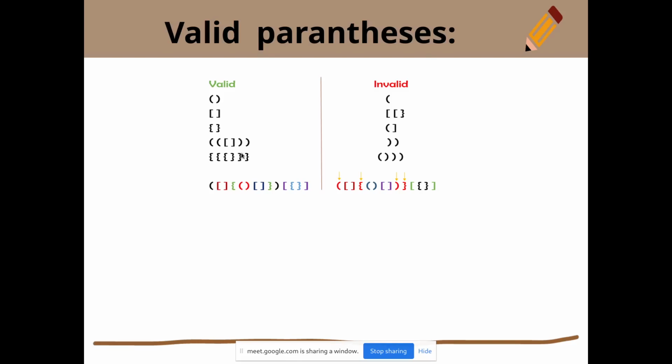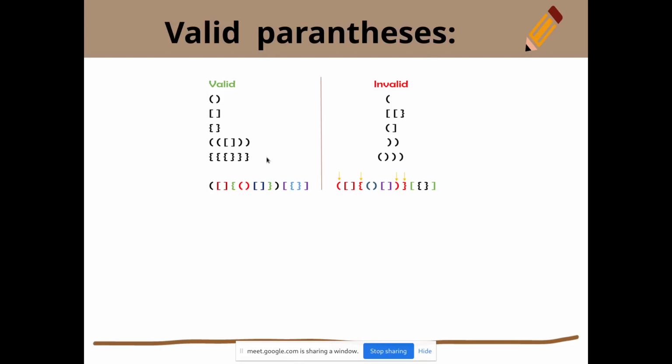This index has a left bracket and not a right bracket, so it will be an invalid parenthesis, right? Yes, you're correct. In that case it will be invalid, but your program will show it as a valid parenthesis, right?